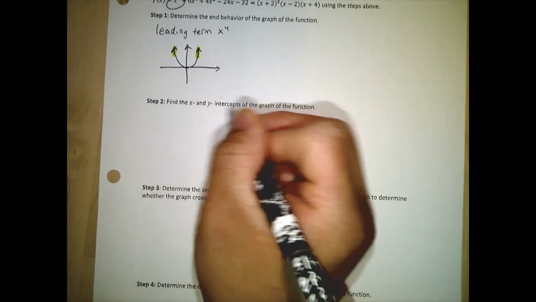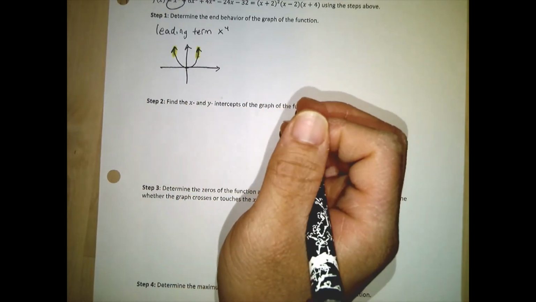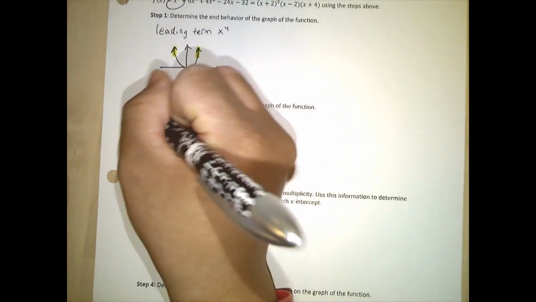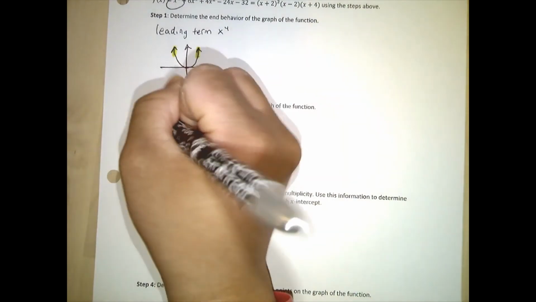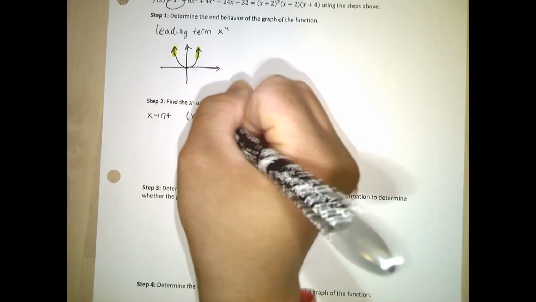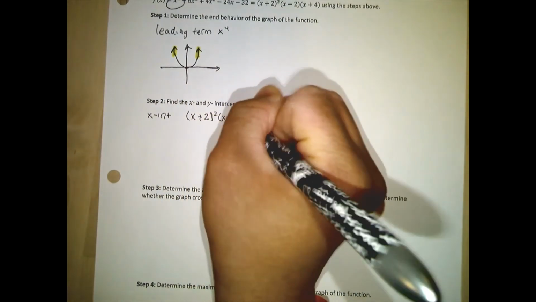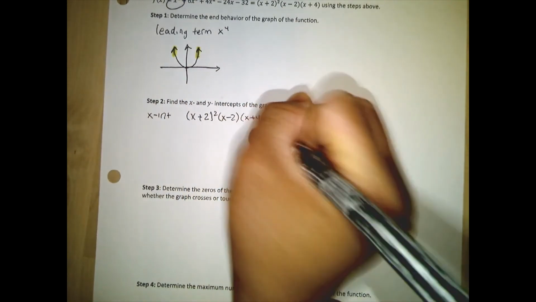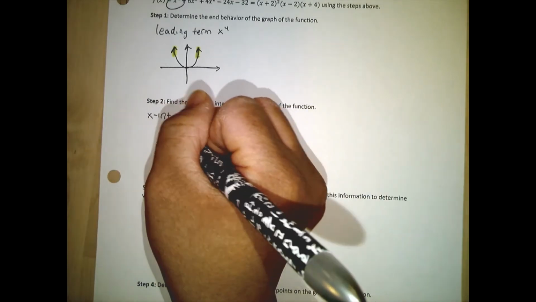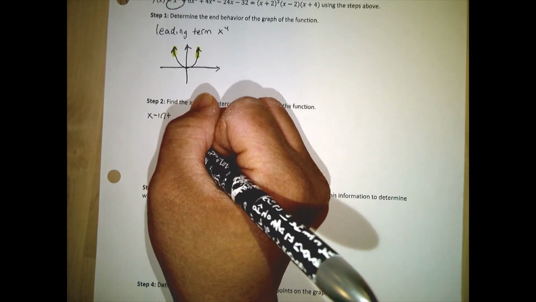All right. Find the x and y intercepts of the graph of the function. So the x-intercepts, since this is in factored form, x plus 2 squared, x minus 2, x plus 4, are easy to find because we can just set each factor equal to 0.